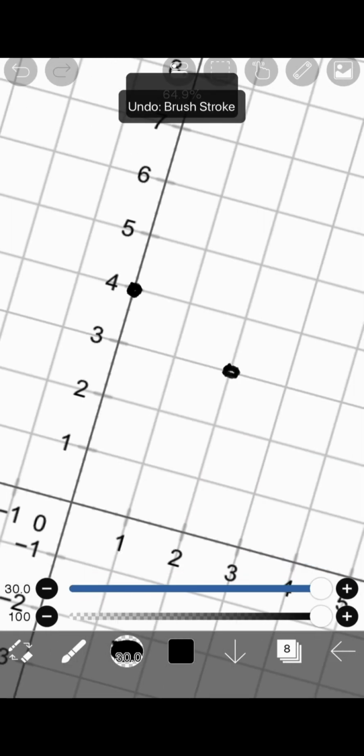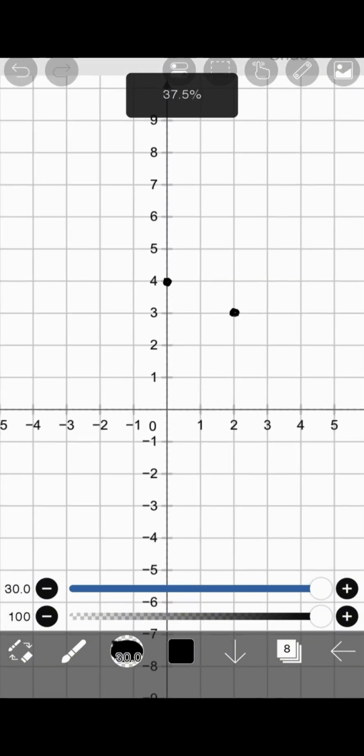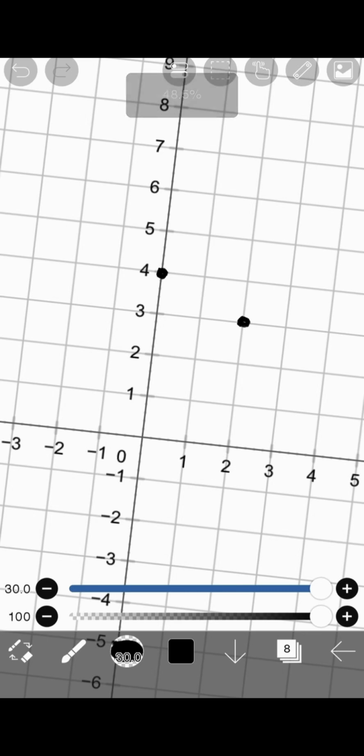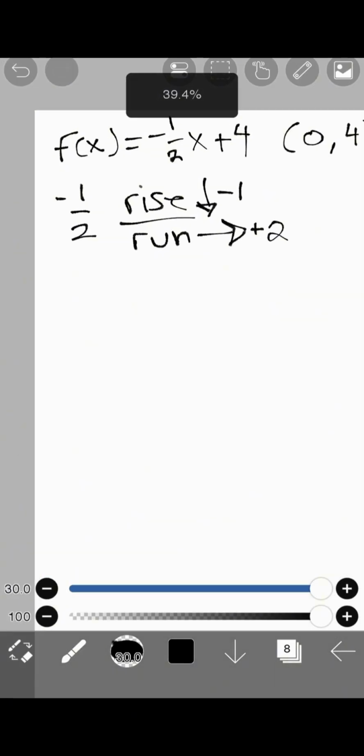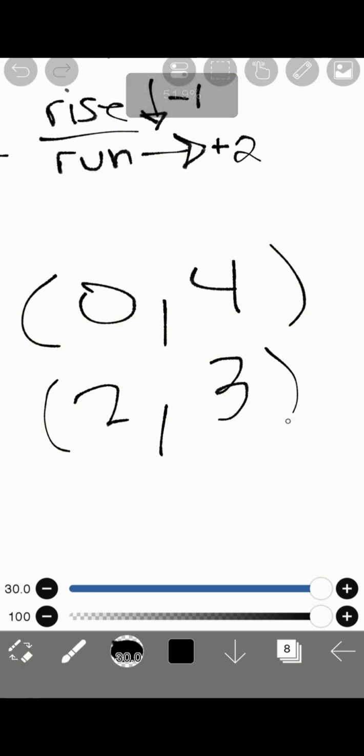So it stops here. So that is x equals 2 and y equals 3. So the next point is 2 and 3.